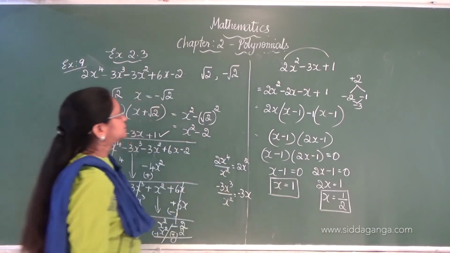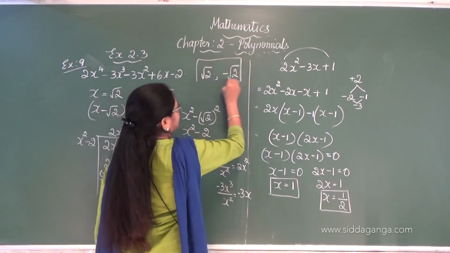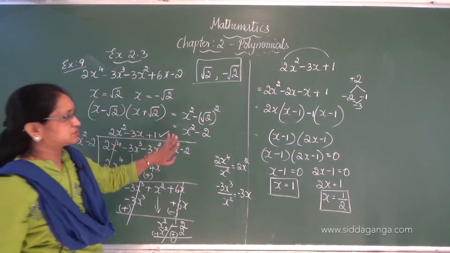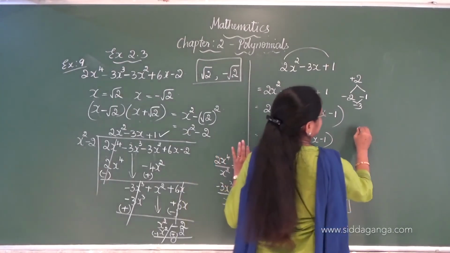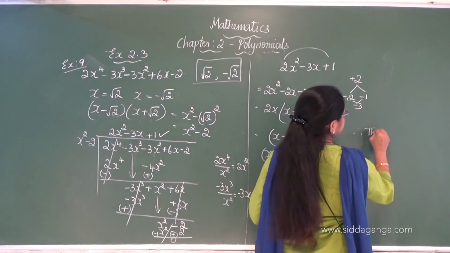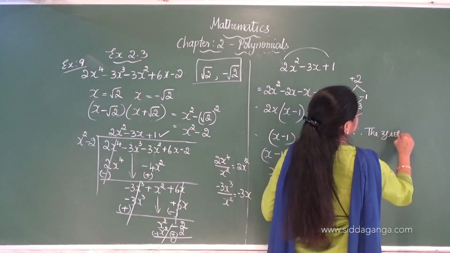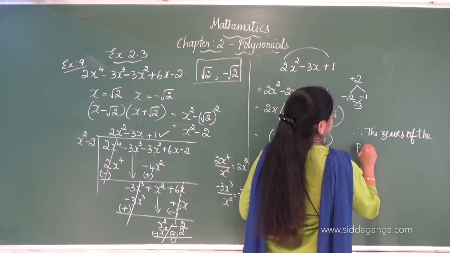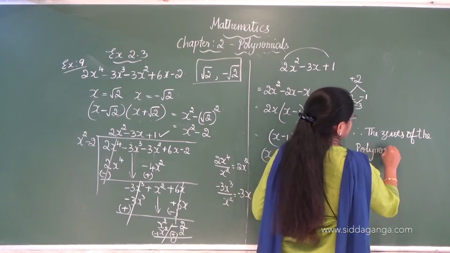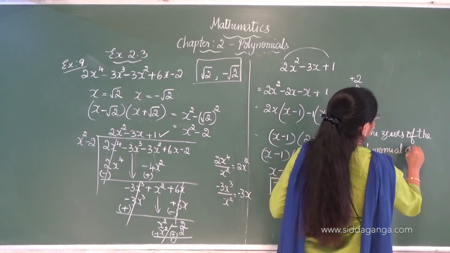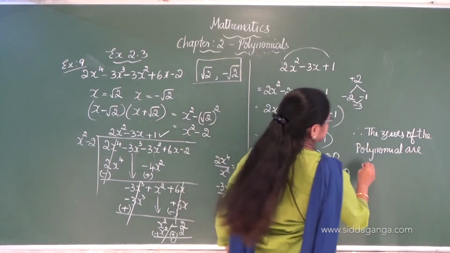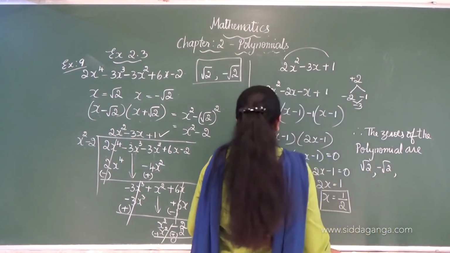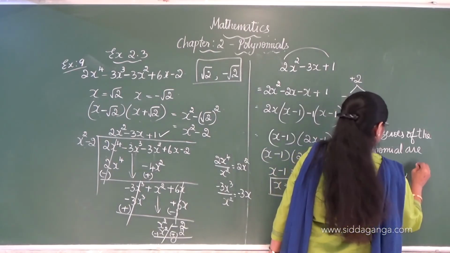Now see the number of zeros. How many did you get? 4 zeros. Which are the 4 zeros? Therefore the zeros of the polynomial are root 2, minus root 2, 1 and half.